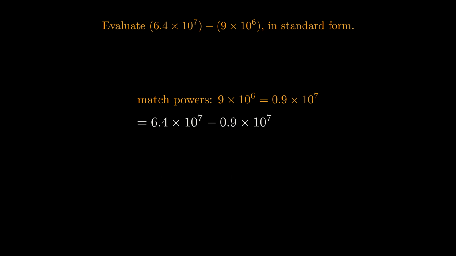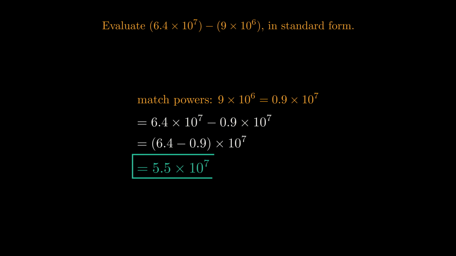Now both carry 10 to the 7, so subtract the fronts: 6.4 minus 0.9 is 5.5. 5.5 times 10 to the 7, and A is in range, so we're done. If subtracting the fronts had dropped below 1, you'd renormalize, just like before.